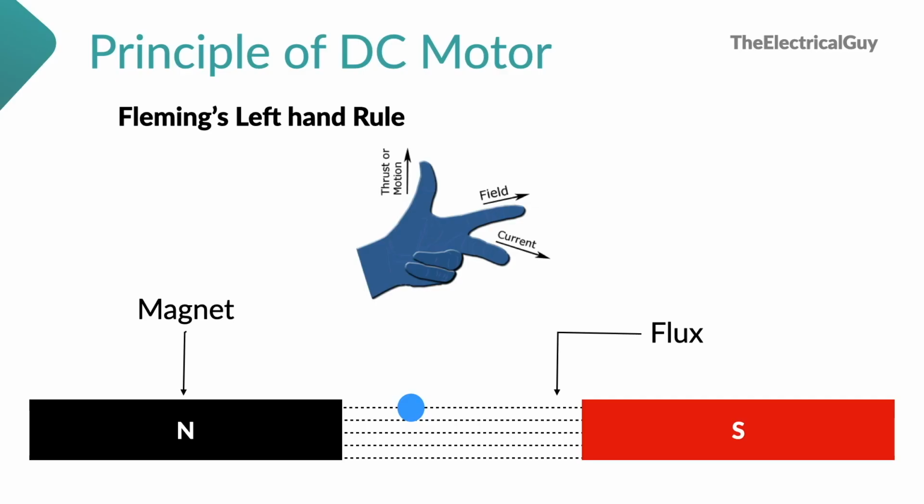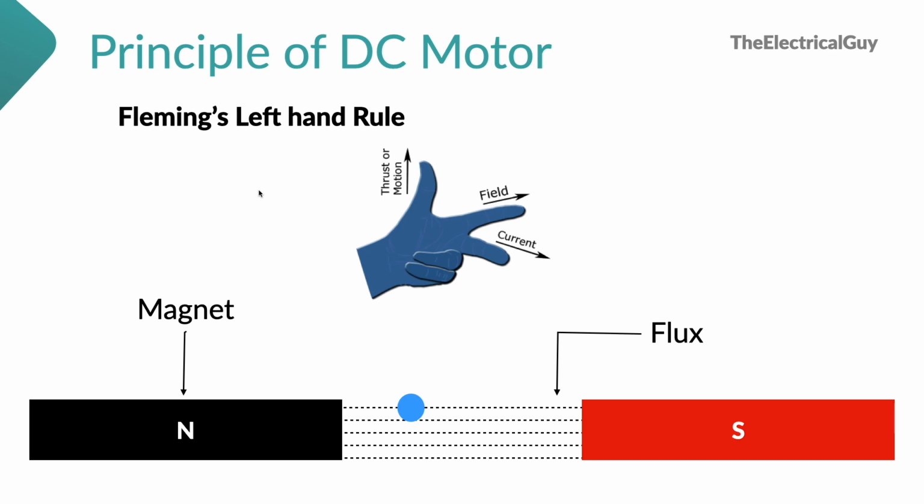Now the Fleming's left hand rule tells us that if the index finger represents the direction of magnetic field from N to S pole, then the thumb will indicate the direction of force which will act upon the conductor, and the middle finger indicates the current. Understood what is happening?